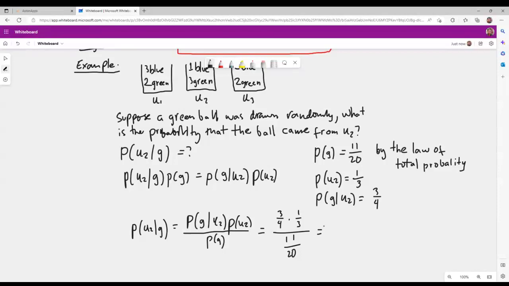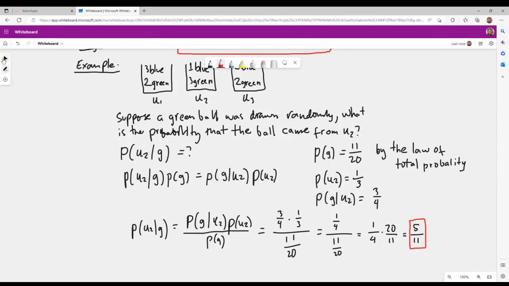And we have done this by direct substitution of the probability values that we know. And simplifying this numerical expression, we have 1/4 all over 11 over 20. And this is equal to 1/4 times 20 over 11, which gives us 5 over 11. So now this is the probability that the ball randomly drawn, which was green, actually came from urn 2.